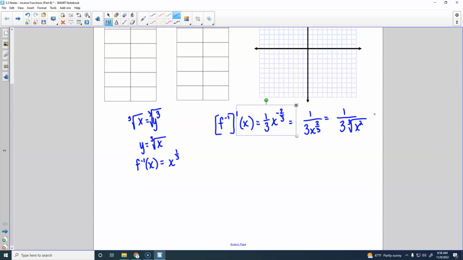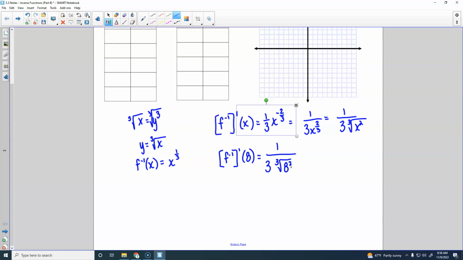All right, so that's just basic derivative power rule there. And then it's asking us for f inverse prime of 8, so we would plug in 8. So we would have 1/3 times the cube root of 8 squared.